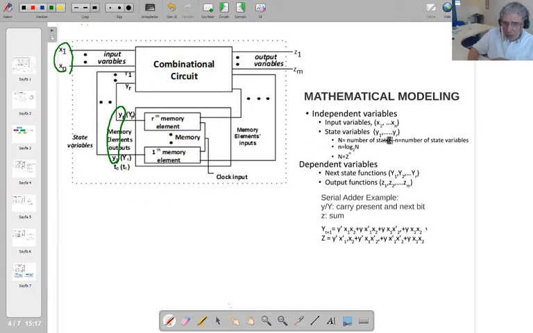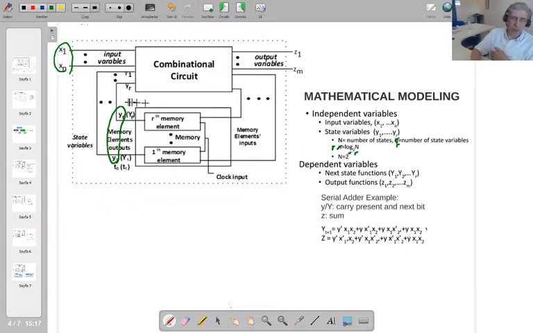Now it says the number of state variables is n, but that small n should have been replaced with r. So you've got n number of input variables, and you've got r number of state variables, small y1 to yr.